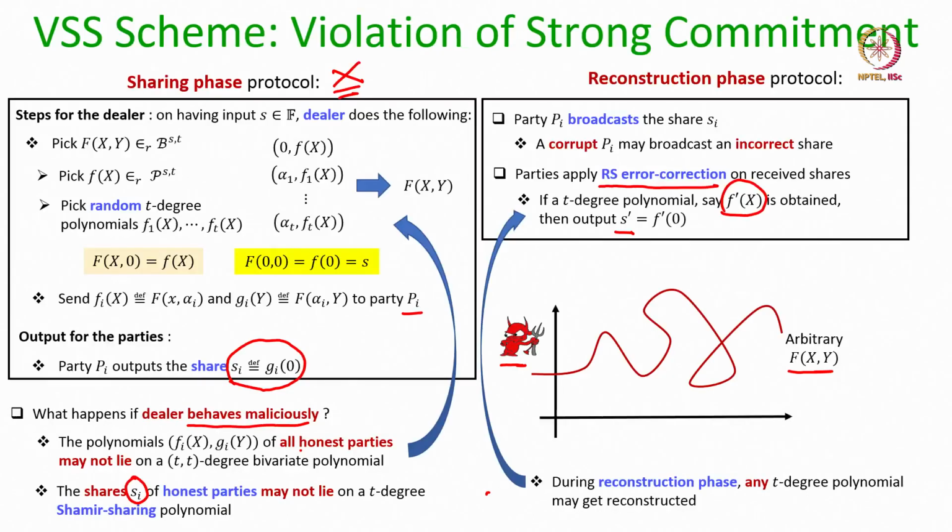That is why, even though the correctness and the privacy properties are achieved through this sharing and reconstruction phase protocols, if the dealer gets corrupt, then the strong commitment property of the VSS is violated. Strong commitment demands that even if the dealer is corrupt, the shares of all the honest parties should lie on a t degree Shamir sharing univariate polynomial.